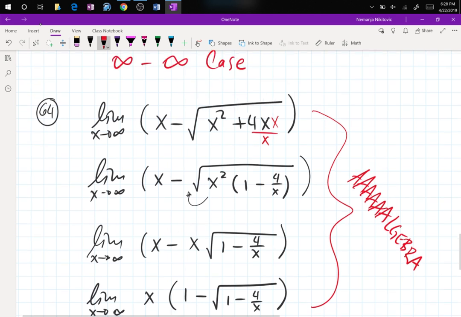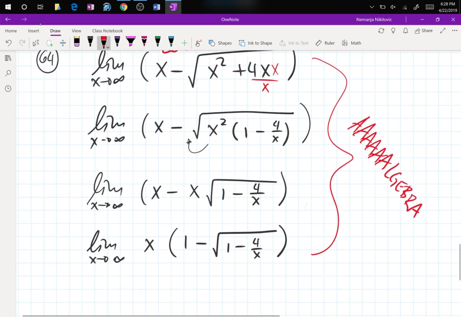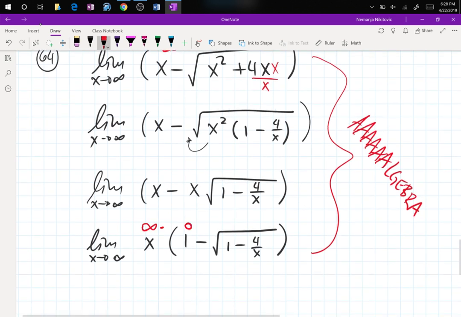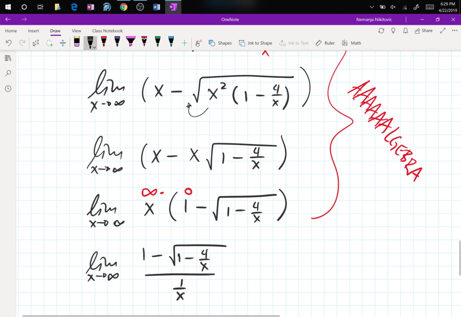So we went from infinity minus infinity to infinity times 0. We're not there yet, right? Now we get to use 1 minus square root of 1 minus 4 over x divided by 1 over x. So I'll put it in blue.